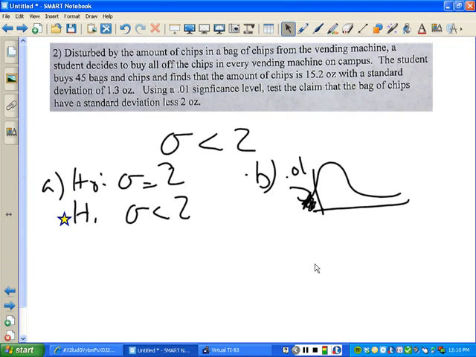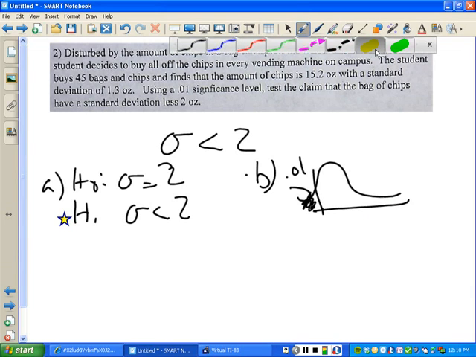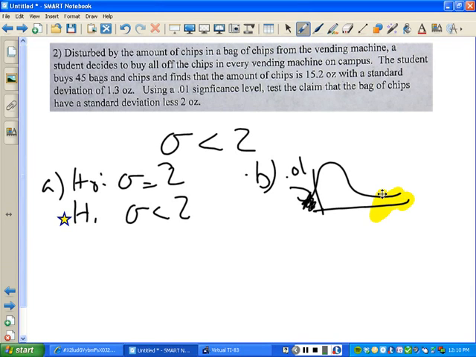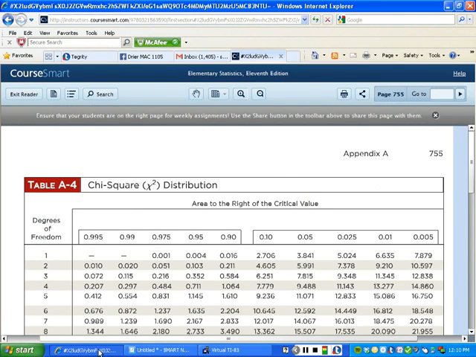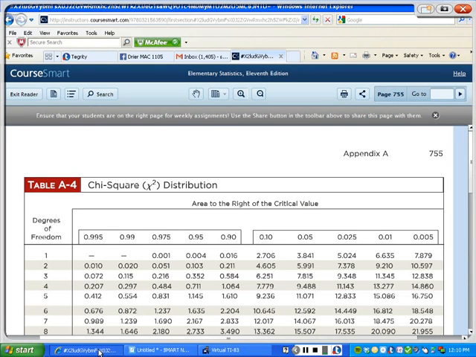There's a right side of the chart which deals with this side over here, and there's a left side of the chart which deals with this side over here. And you got to know which side of the chart you're on. How do you know which side's which? Basically what they don't do, which it'd be nice if they did, was cut a line right in the middle and say, this is the right side, this is the left side.